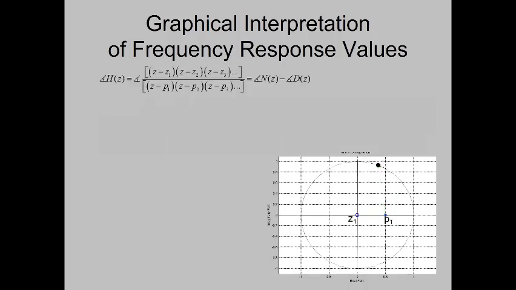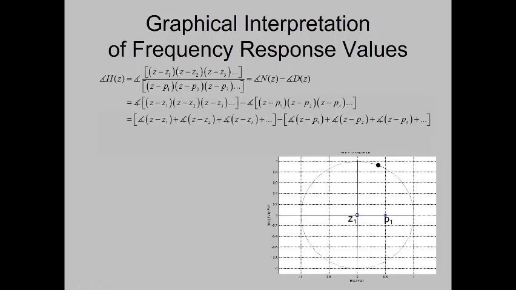Similarly, if I have a complex ratio like this, and I want to know the phase angle of that total result, it would be the angle of the numerator minus the angle of the denominator. If I have a ratio of two complex values, I subtract their angles. And for the angle of the numerator, I have a product of potentially complex values.